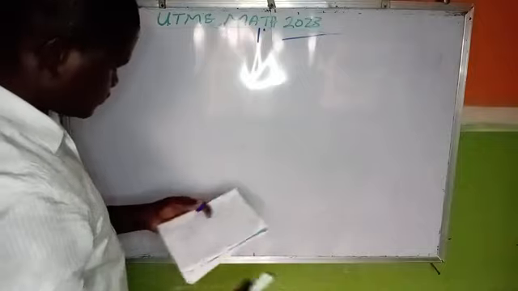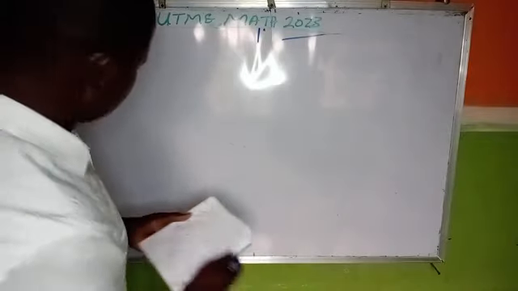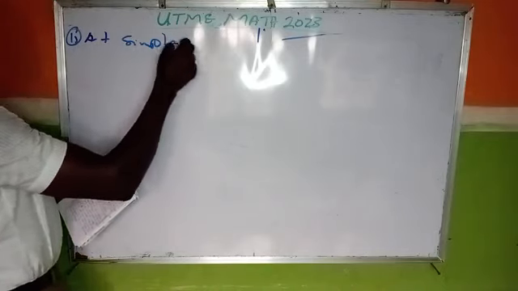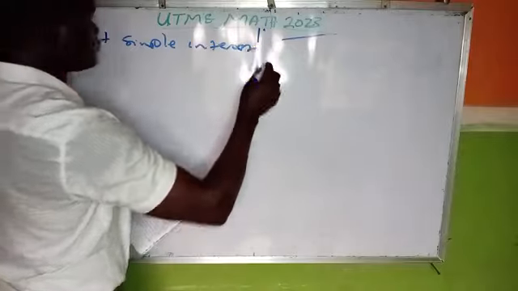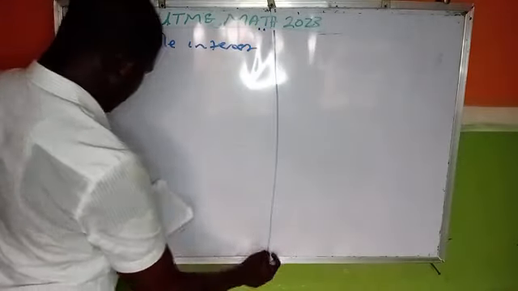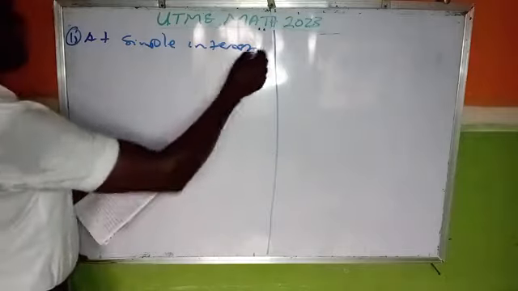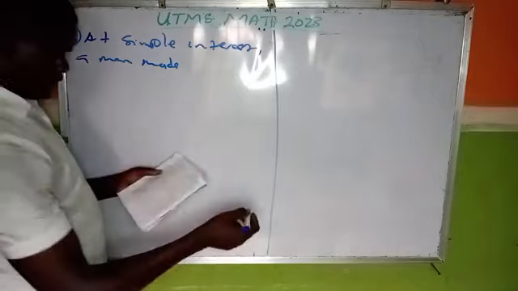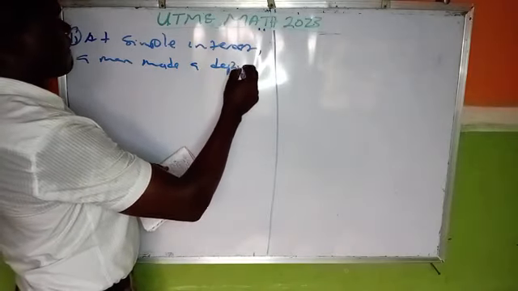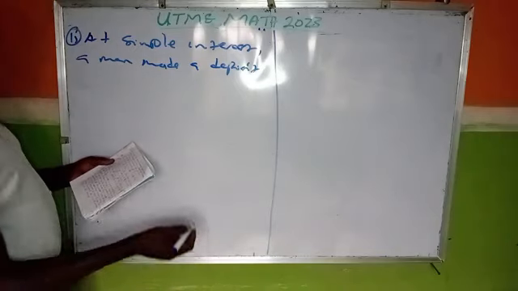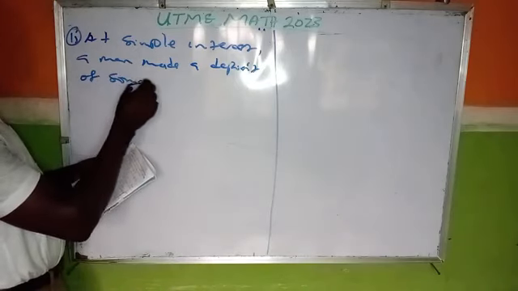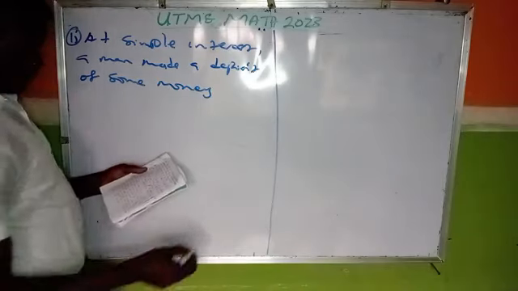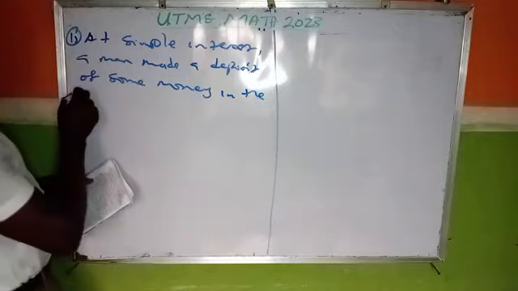Again, at simple interest, look at this one. Question number 15. At simple interest, a man made a deposit of some money in the bank.